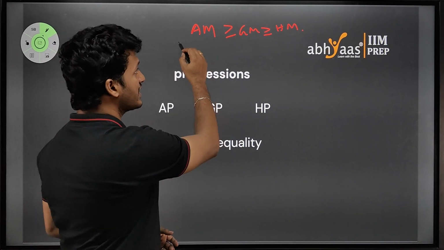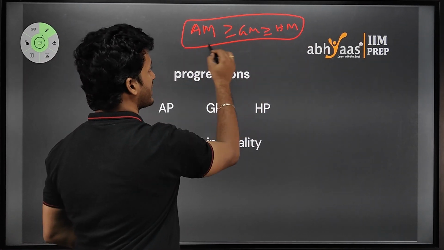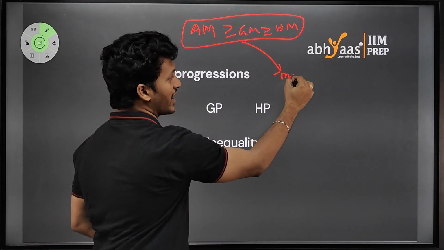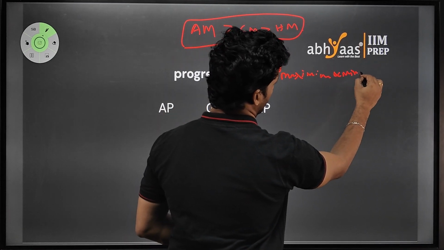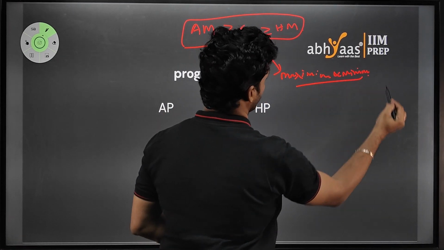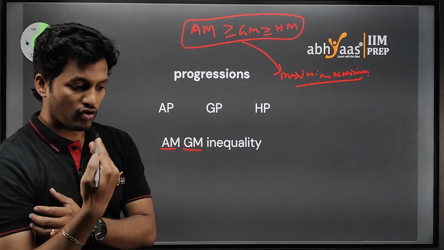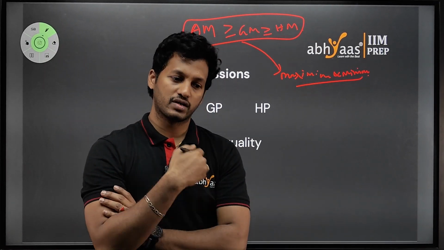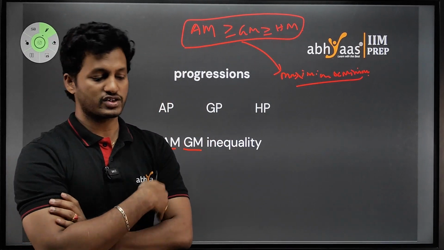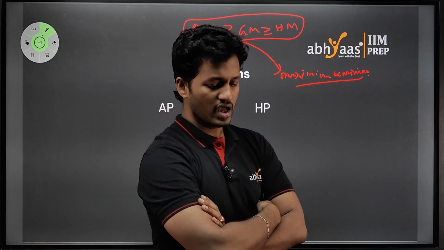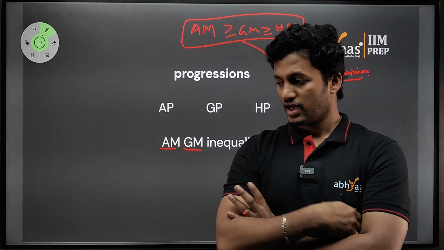So this inequality has to be used whenever you want to find any maximum and minimum values. Whenever I want to find the maximum or minimum value of any equation, I can use this AM-GM inequality. So this is the application of progressions that we are going to see in the next models, in the following models.